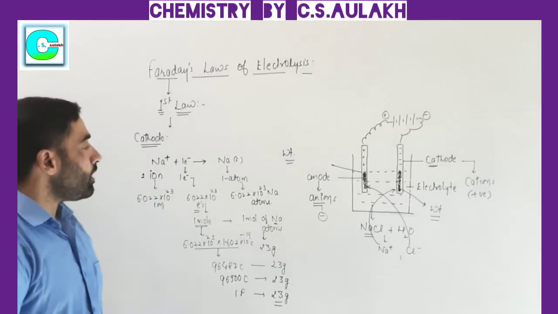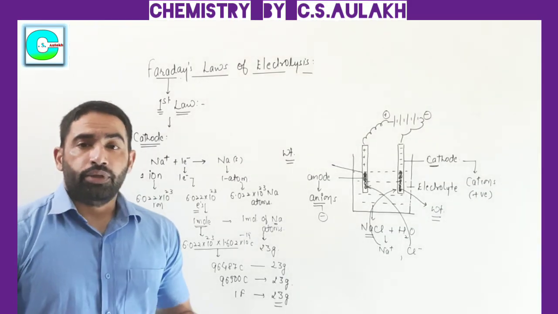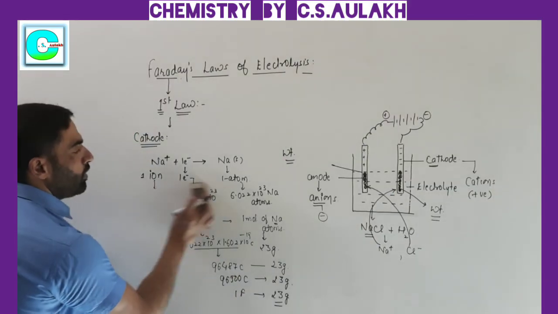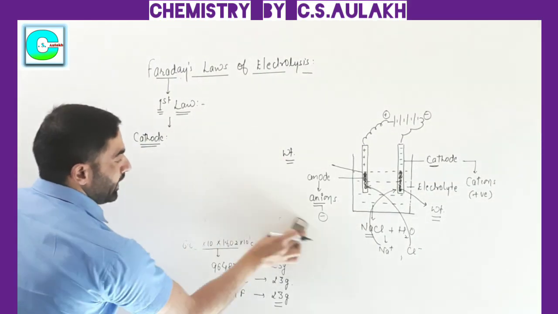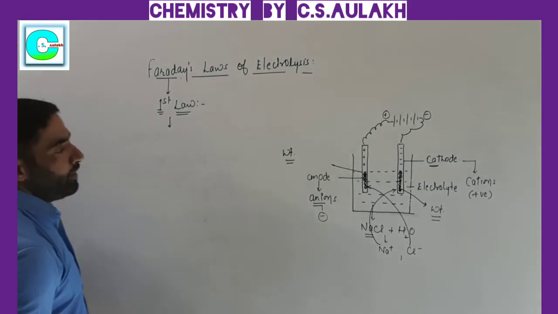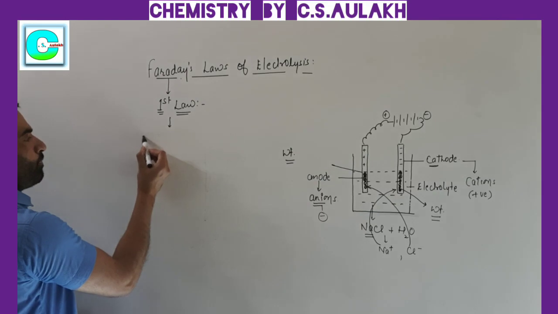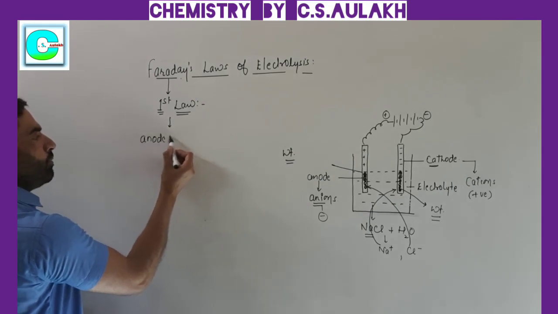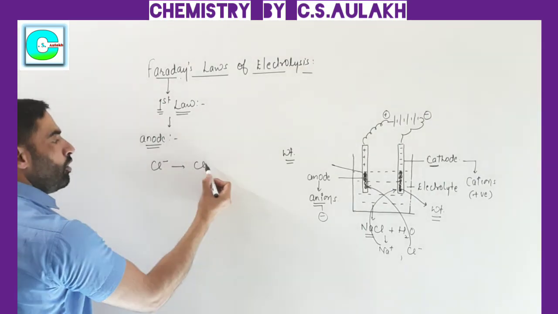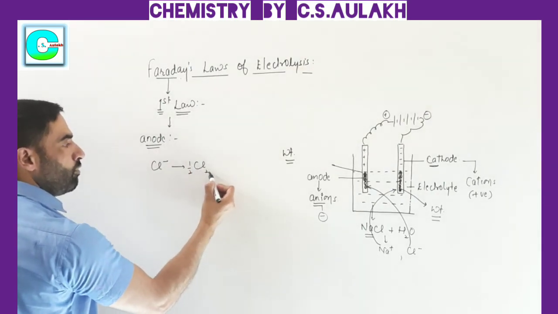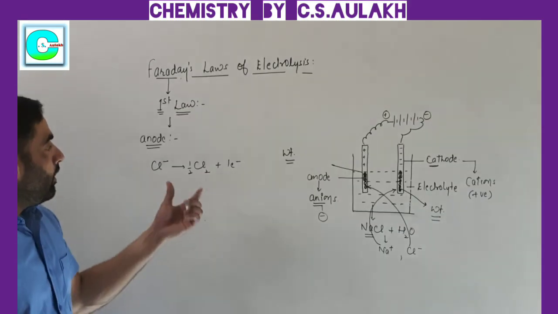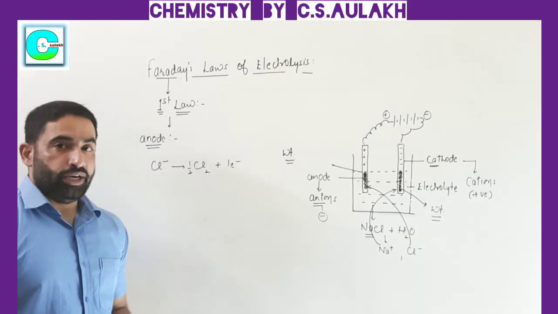Similarly, if we determine the deposition of chlorine, the mass of chlorine that will be liberated over the surface of anode we can determine in the same way. Here we are talking about anode, and chloride ions with the loss of one electron will form one chlorine atom.